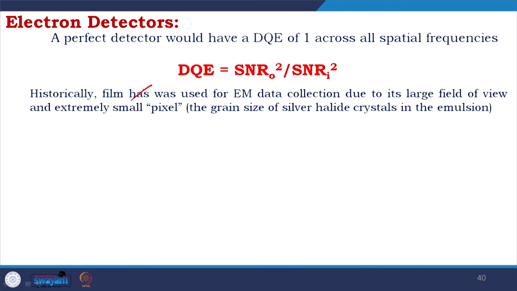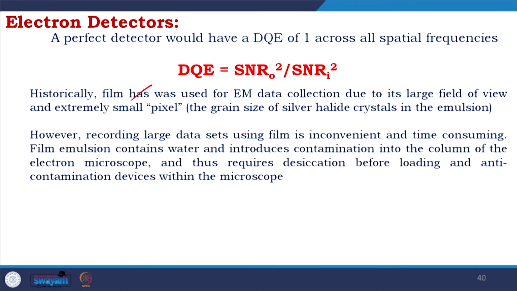Historically, film was used for electron microscopy data collection due to its large field of view and extremely small pixel. However, recording large data sets using film is inconvenient and time consuming, the same thing we discussed in X-ray crystallography.